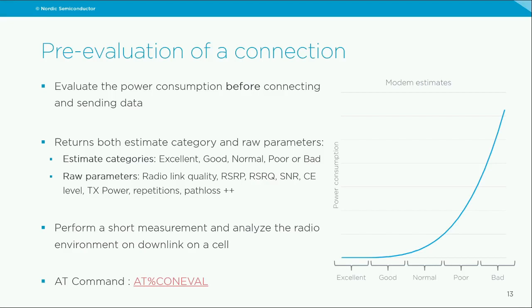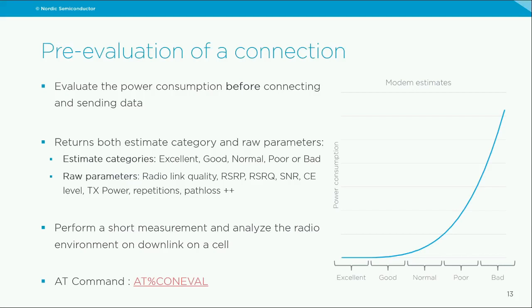This next feature is very useful after you're done with your searches and connected to the network and you need to actually send data. Now you can evaluate the power consumption the device is going to use before sending any data.